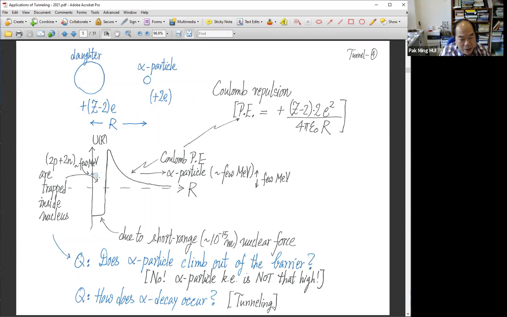So it may be moving around within the nucleus, but it sees a barrier, this barrier. Maybe it keeps on trying very hard, bouncing back very often, but occasionally, due to tunneling, it will come out, and we measure this few MeV kinetic energy. So that is the motivation.